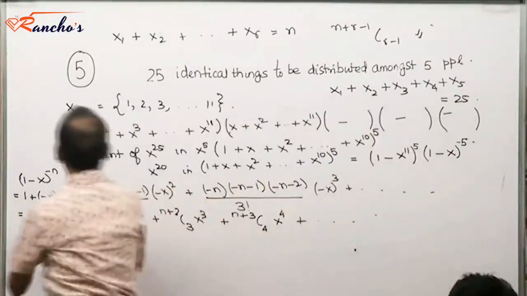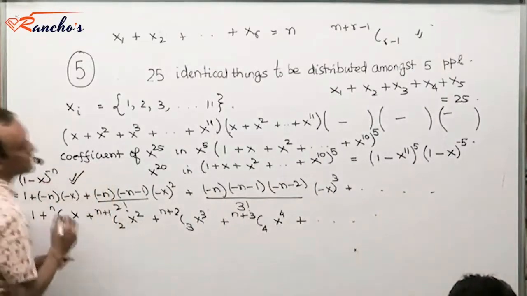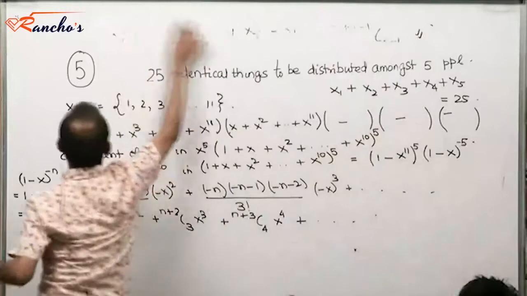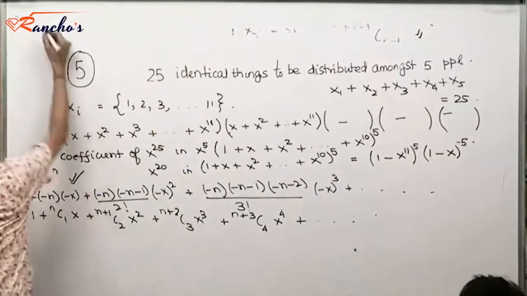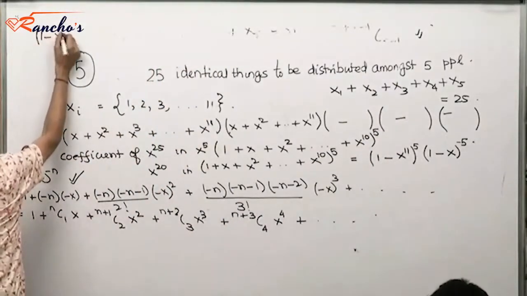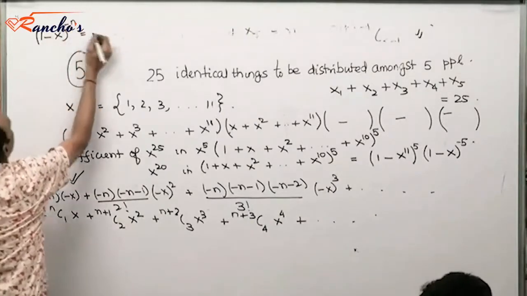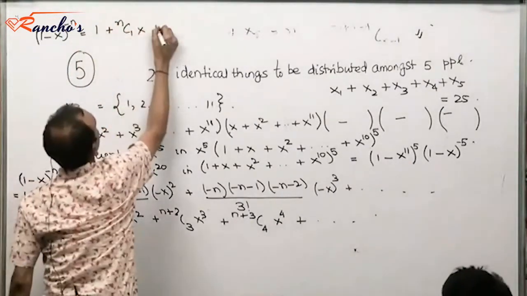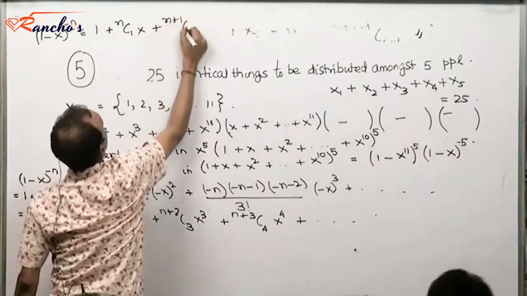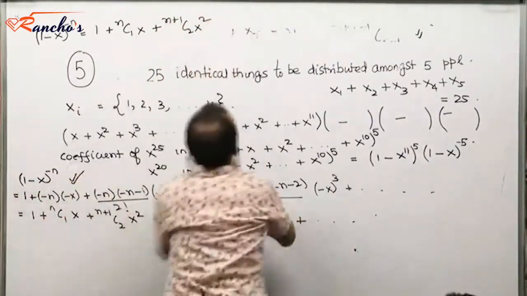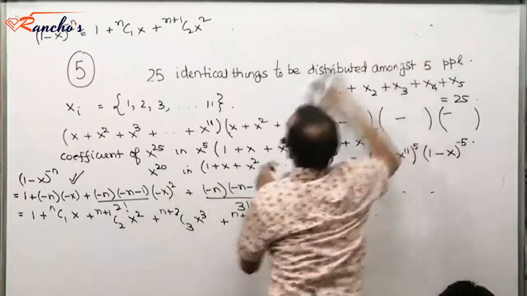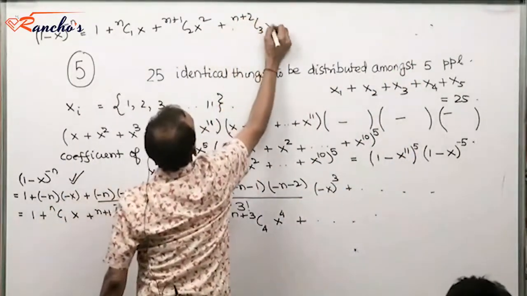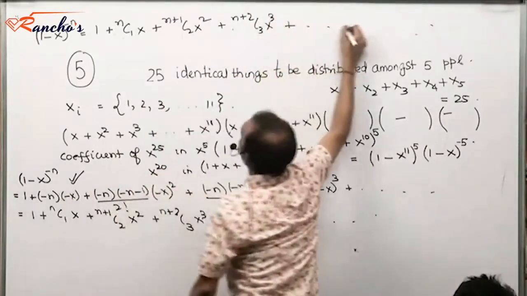1 minus x power minus n. Henceforth, you might want to remember, n is a natural number. 1 minus x power minus n is going to be 1 plus nC1 x plus n plus 1 C2 x squared plus n plus 2 C3 x cubed and so on and so forth.